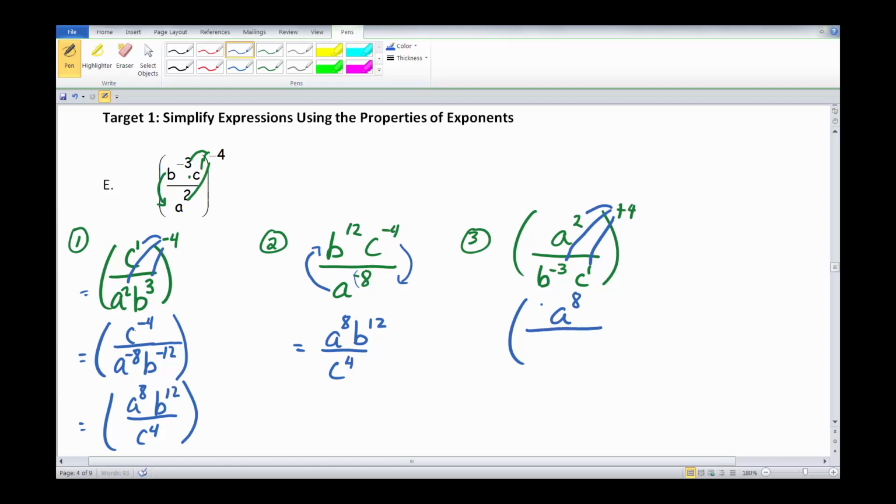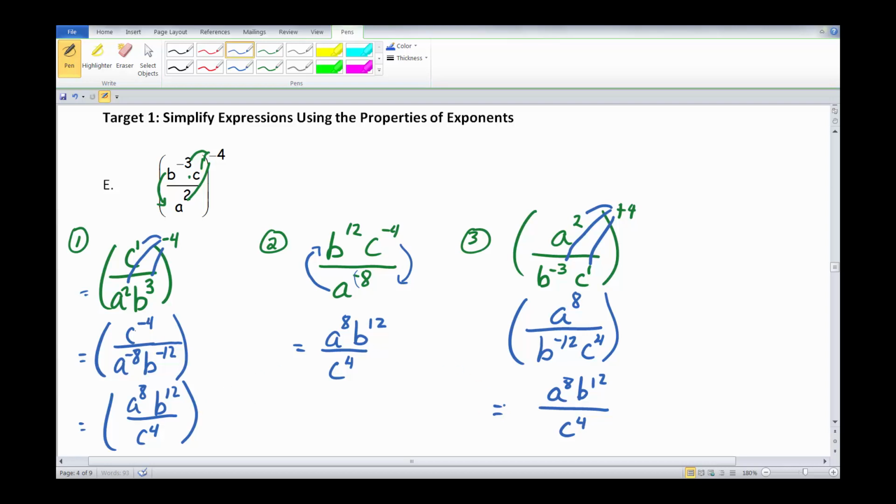On the bottom, we have b raised to the negative third, raised then to the positive 4. Again, power to a power, multiplying those exponents. For c, again, power to a power, multiplying those exponents, 1 times 4, giving us 4. Just now throwing that b where he appropriately belongs, because it does have that negative exponent, we would end up with a to the 8th, b to the 12th, over c to the 4th.